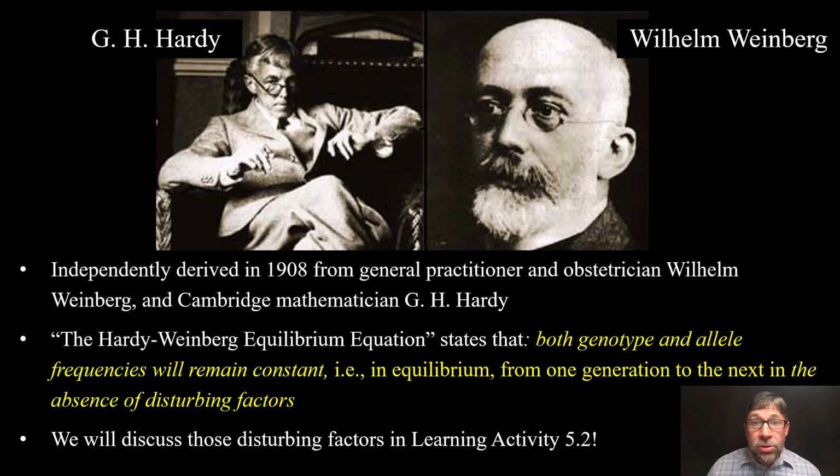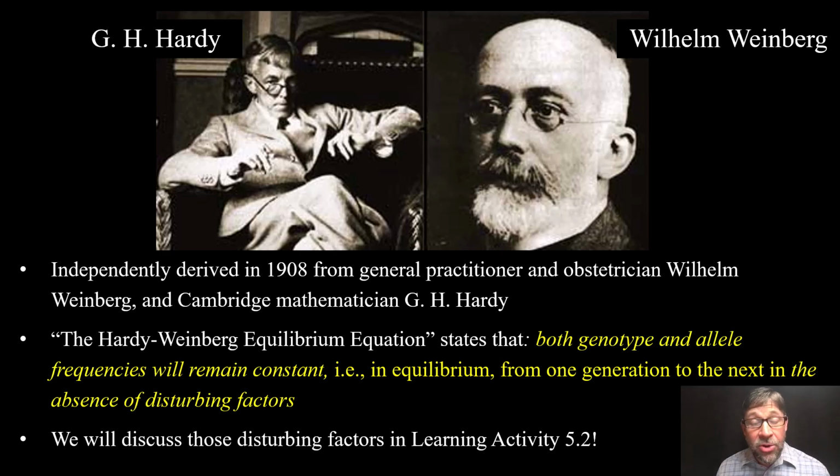So the Hardy-Weinberg equilibrium equation states that both genotype and allele frequencies will remain constant. They won't change. They will be in equilibrium from one generation to the next unless acted upon by disturbing factors.